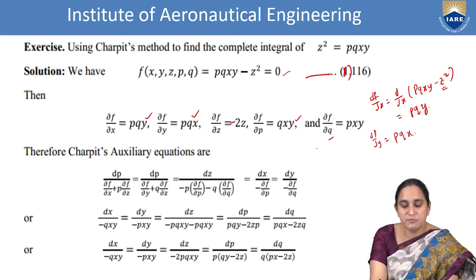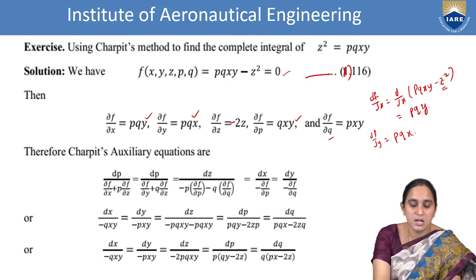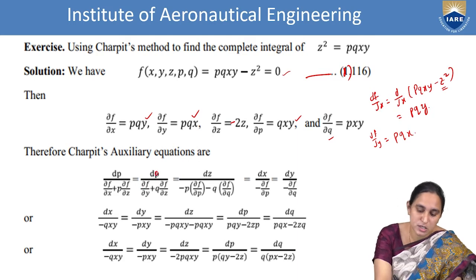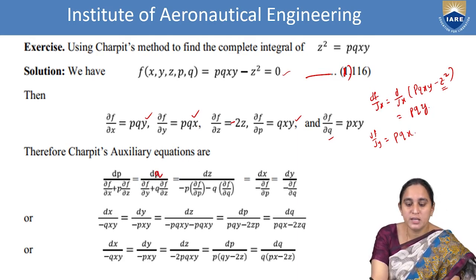Now substitute each and every value in the auxiliary equation. What is the form of the auxiliary equation here? dp by dou f by dou x plus p into dou f by dou z, is equal to dq by dou f by dou y plus q into dou f by dou z, is equal to dz by minus p into dou f by dou p minus q into dou f by dou q, is equal to dx by minus dou f by dou p, is equal to dy by minus dou f by dou q.